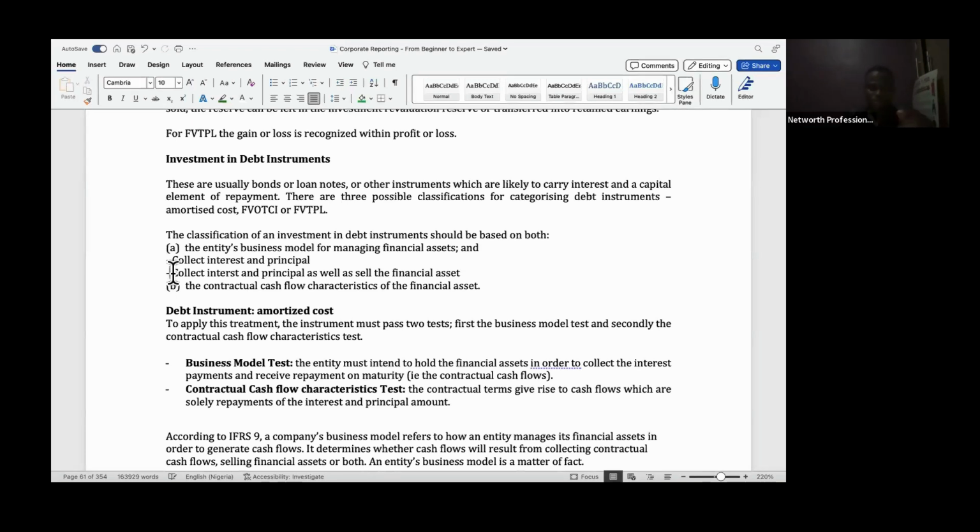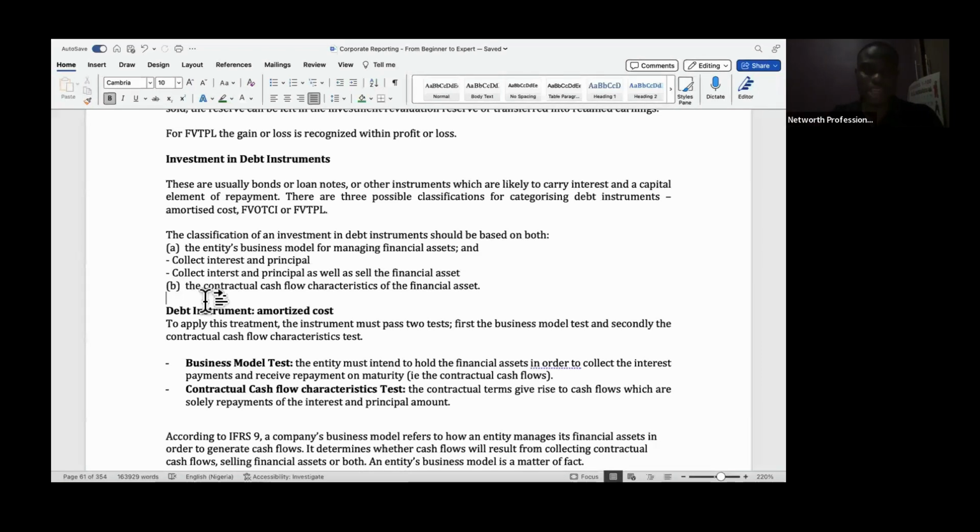Or in addition to collecting that interest and principal, you can as well sell. Selling in the sense that maybe you lend the guy money and he's giving you 5%. You could get a better yield somewhere else. Maybe you see another person that is ready to give 8%. So you can just sell that one and go and invest in another. So that's the business model.